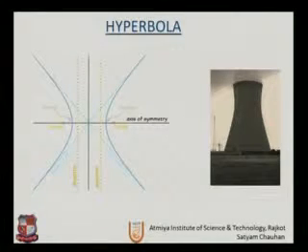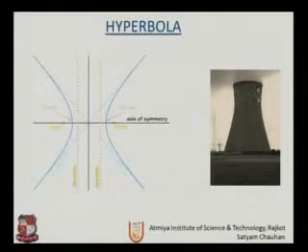Hyperbola we can get by cutting two cones joined at the tip, and it looks like that shape. That has two foci because of two directrices, and this point will be the vertex, on the axis of symmetry. Hyperbola has application in cooling towers.